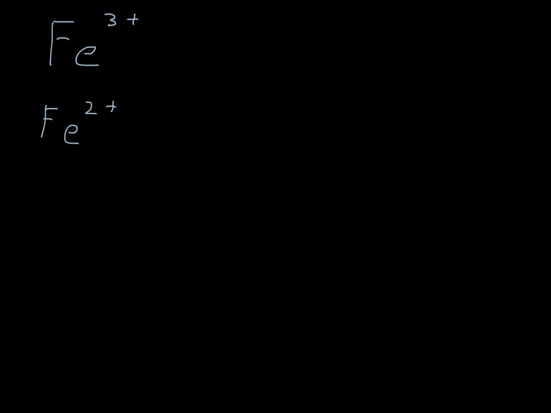If we look at the electron configuration of iron, the electron configuration of iron is argon 4s2.